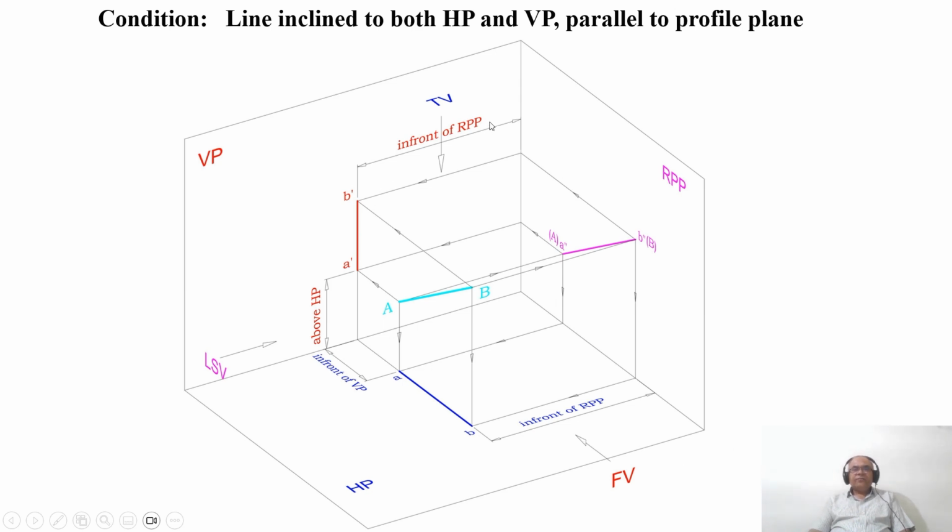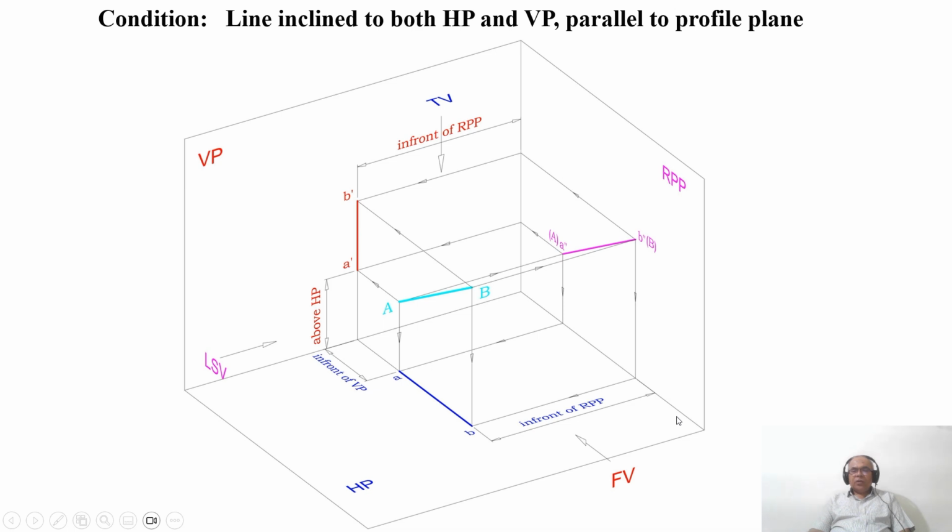So that is the reason why we have got it in front of RPP in the front view and also in front of RPP in the top view. So both these lines are equidistant from the profile plane. Therefore, you are getting the true length in the profile plane. That is capital A and capital B. And since this is the side view, you are getting A double dash and B double dash.